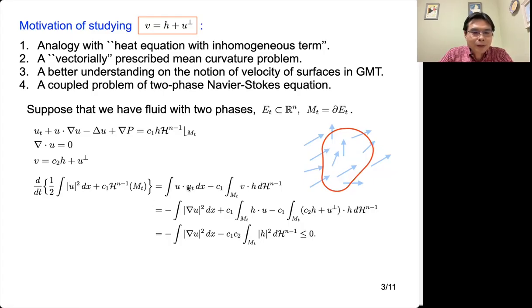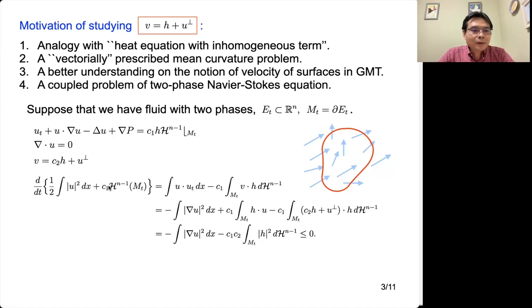Now, forget about the c_1 term for now. Then you just use this equation, and you end up having only this Navier-Stokes dissipation term. But if you have this extra surface tension, then actually you have this extra term.